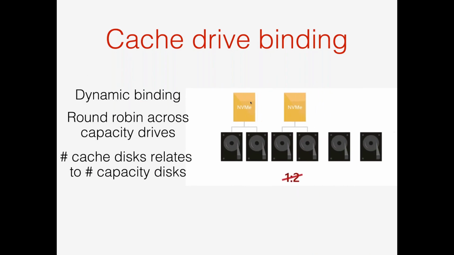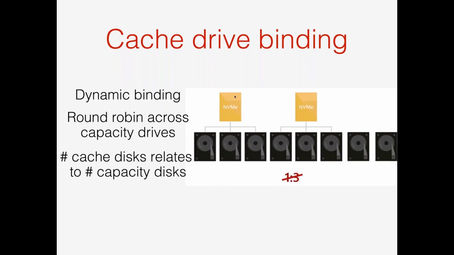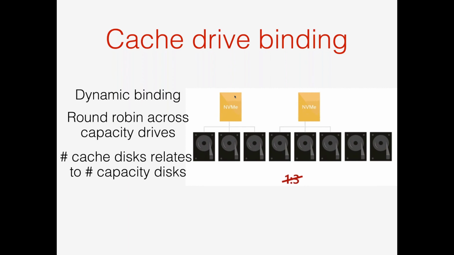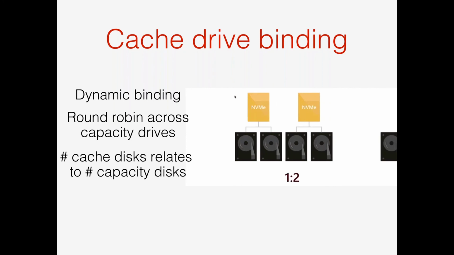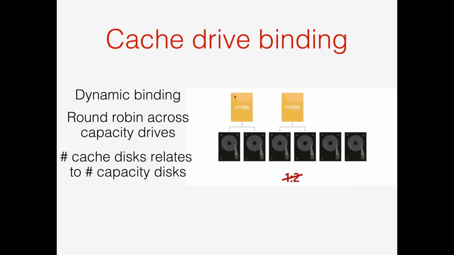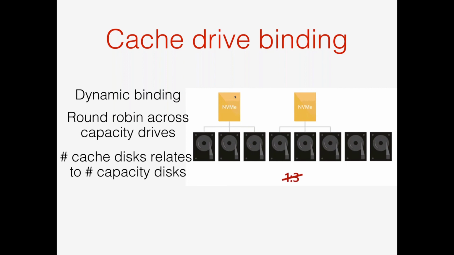And the cache drives are also dynamically bound to the hard drives. So as you change the number of hard drives in your system, you automatically get binding for the cache drives to manage that. Again, it's another way that Storage Spaces Direct is more hands-off, more automatic, smarter perhaps, and it gives you easier management of the system.